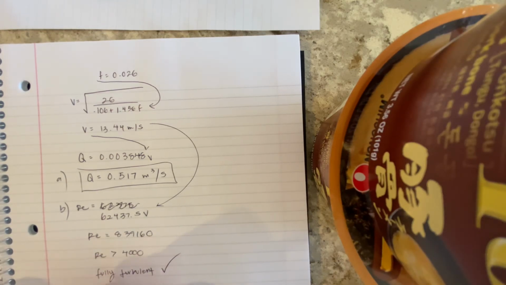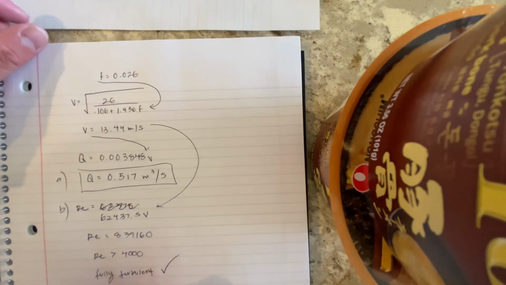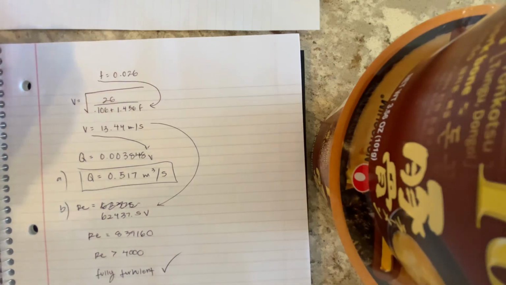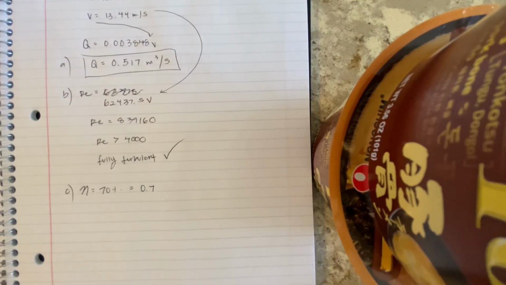All right, then the last part, part C, you were given that the pump is at efficiency eta equals 70% or 0.7. What would the power be supplied to the pump? So, let me move this up.